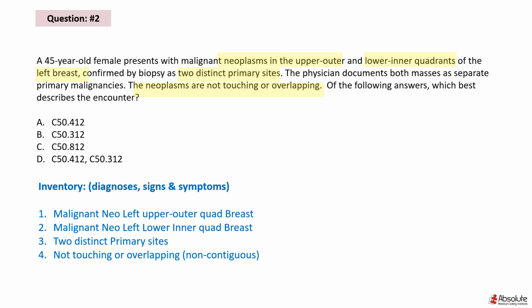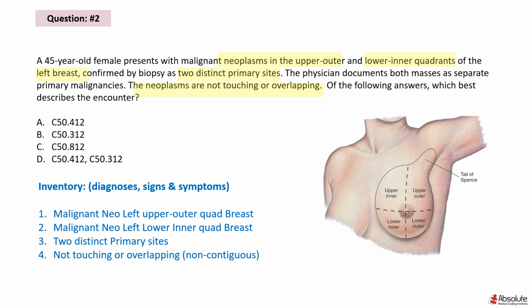All right. So let's get a visual for this, right? Each breast has four quadrants. And if we start here, this is the upper outer, lower inner, lower outer, lower inner, and upper inner. So if we look at our documentation, it says that the patient has neoplasms in the upper outer left breast.